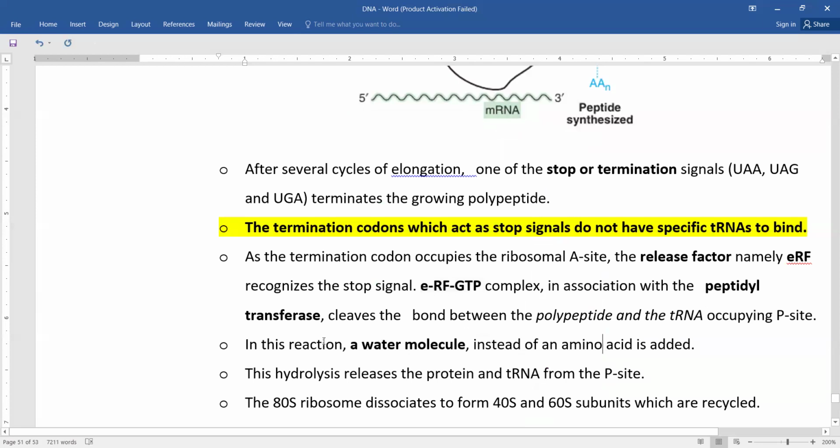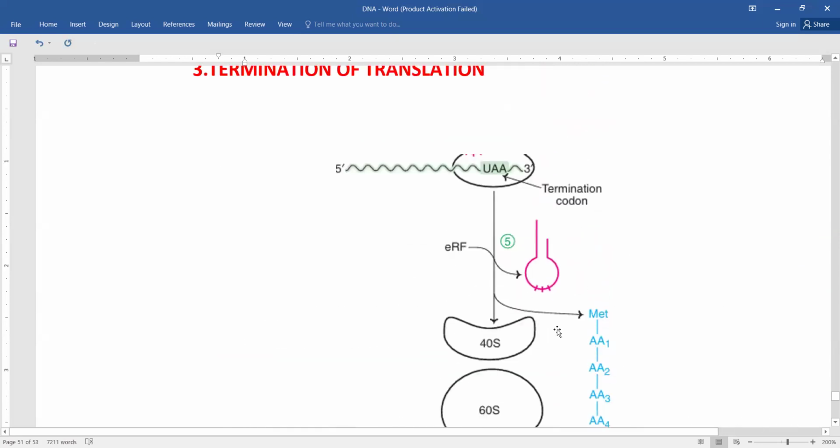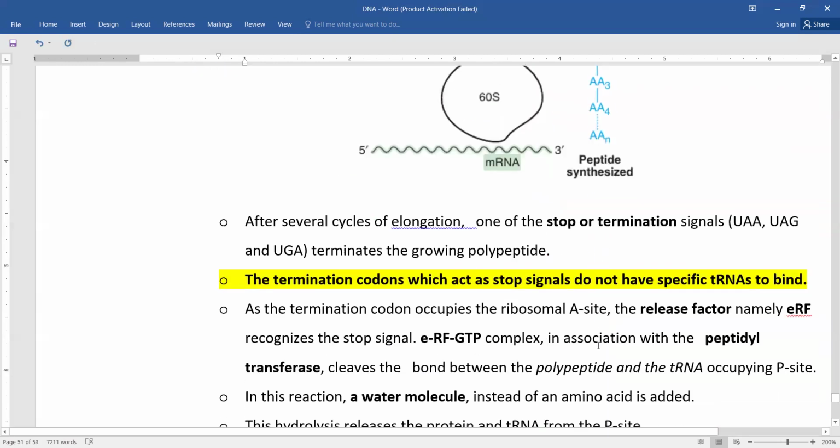In association with the peptidyl transferase, the releasing factor and the GTP together break the bond between the tRNA and the growing polypeptide, and they are dissociated.